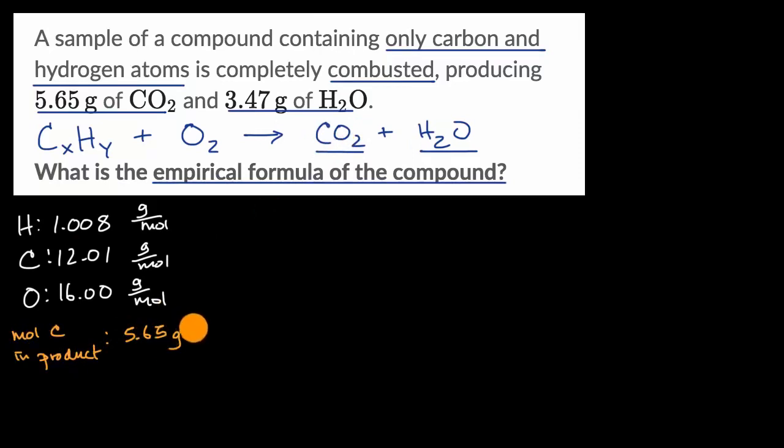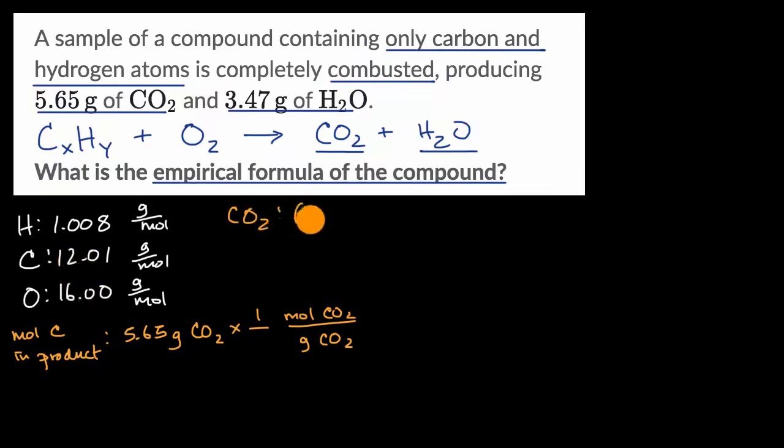And so we have 5.65 grams of CO2. We can think about how many moles of CO2 that is. So times 1 mole of CO2 for every how many grams of CO2? Well, CO2, you're going to have 1 carbon and 2 oxygens.